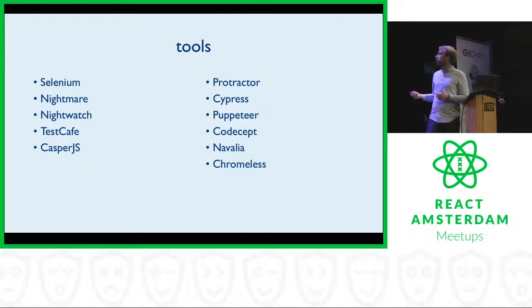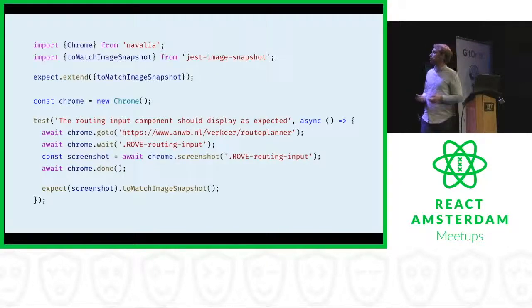But the two I'm going to show you little short slides about are Navalia and Chromeless, because they bring something to the table that the others made a little harder or are just not that good at.